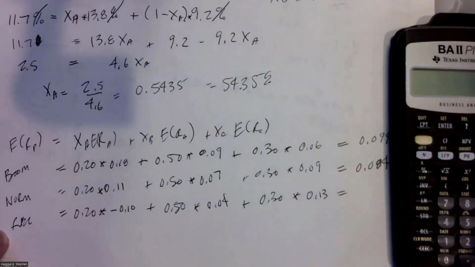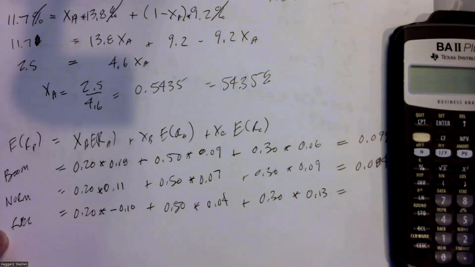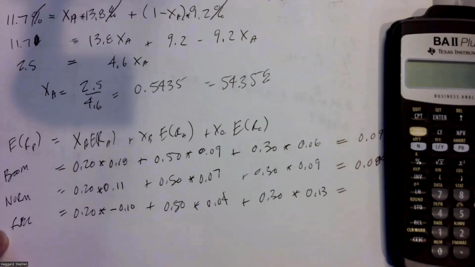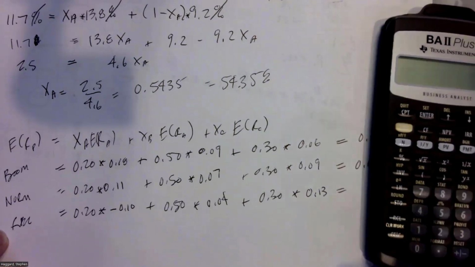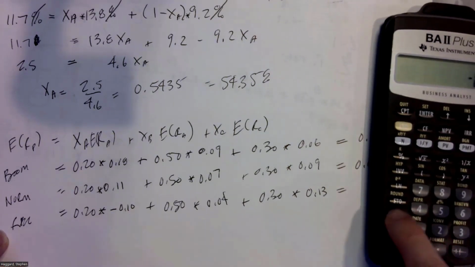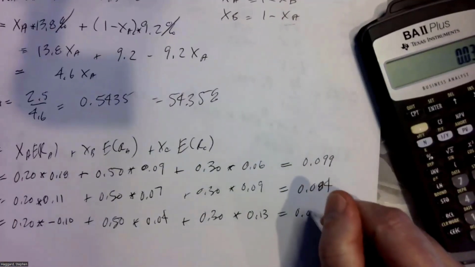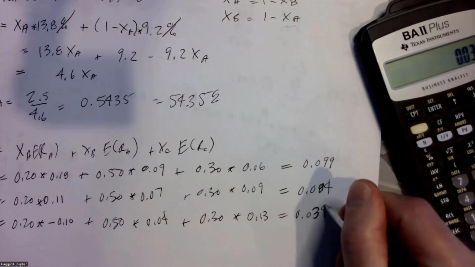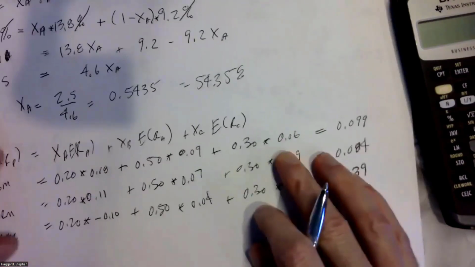I'm going to say 0.2 times negative 0.1 equal store 1. 0.5 times 0.04 equal store 2. 0.3 times 0.13 equal store 3. Recall 1 plus recall 2 plus recall 3 equals. I'm getting 0.039. Ms. Baldwin, is that what you get? Yeah, very good.